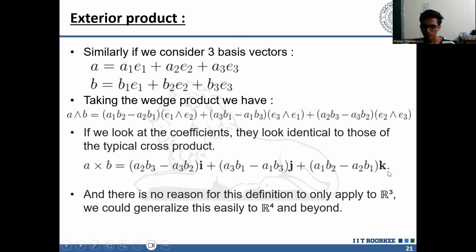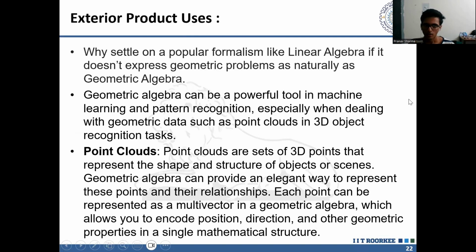So we can derive this cross product from the exterior product. We do not need to define it separately. And so we can also apply this definition to R3, R4, or Rn. So this is a generalization onto Rn vector space.